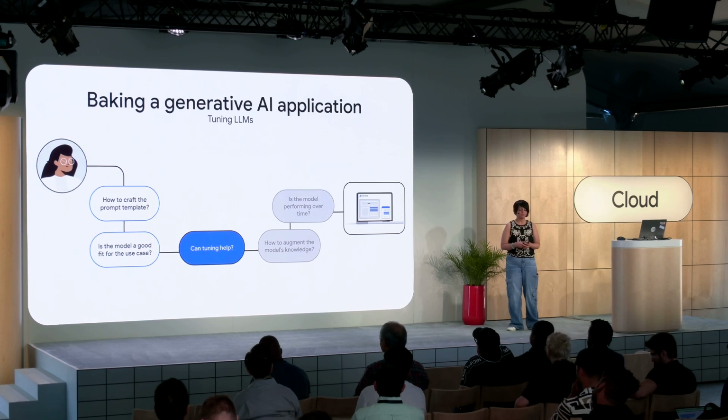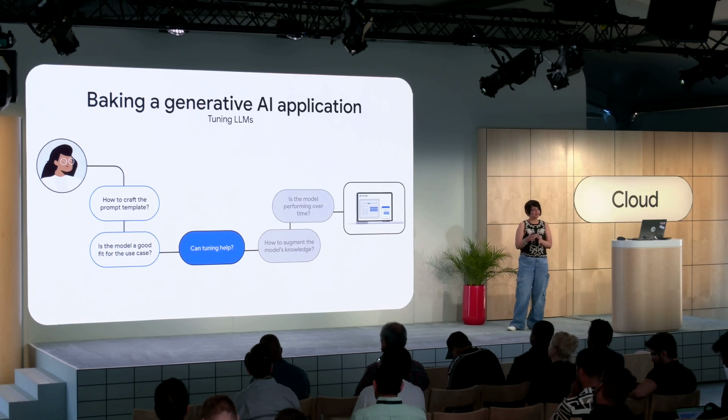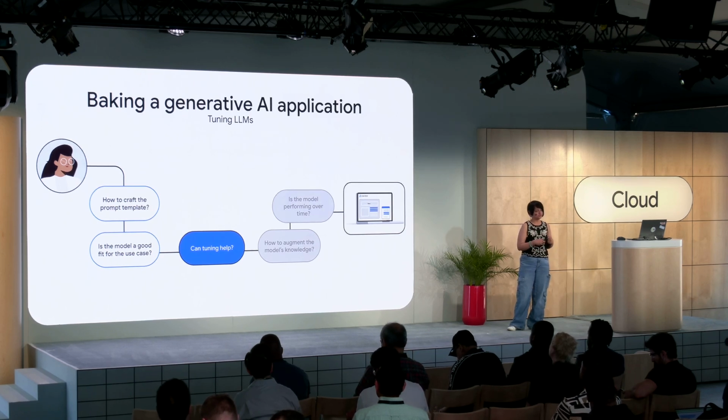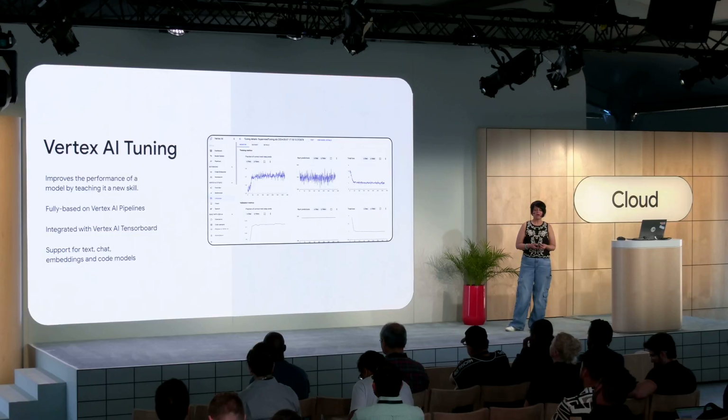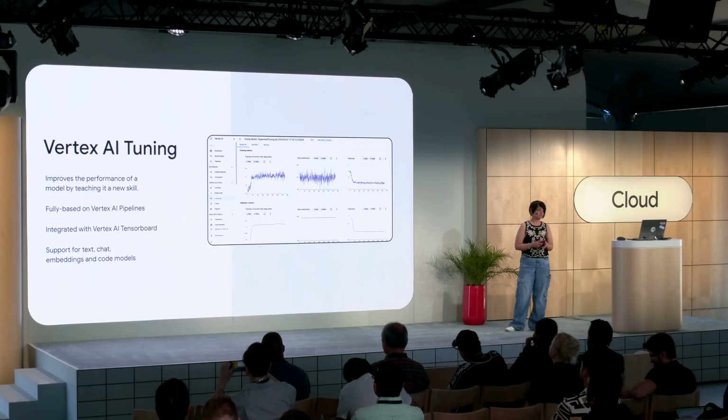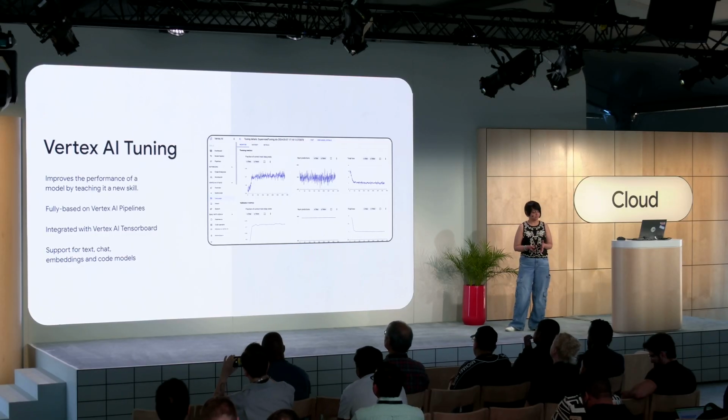Now, tuning an LLM is very challenging in terms of the different resources that you need, and also it is an entire ML workflow. So how can you do that? Vertex AI provides a fully managed service called Vertex AI Tuning.